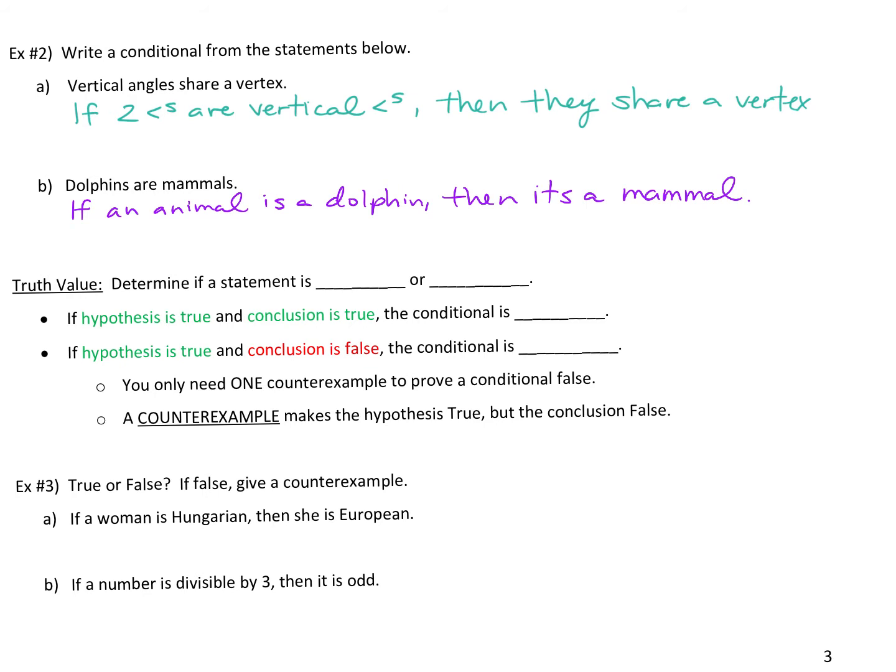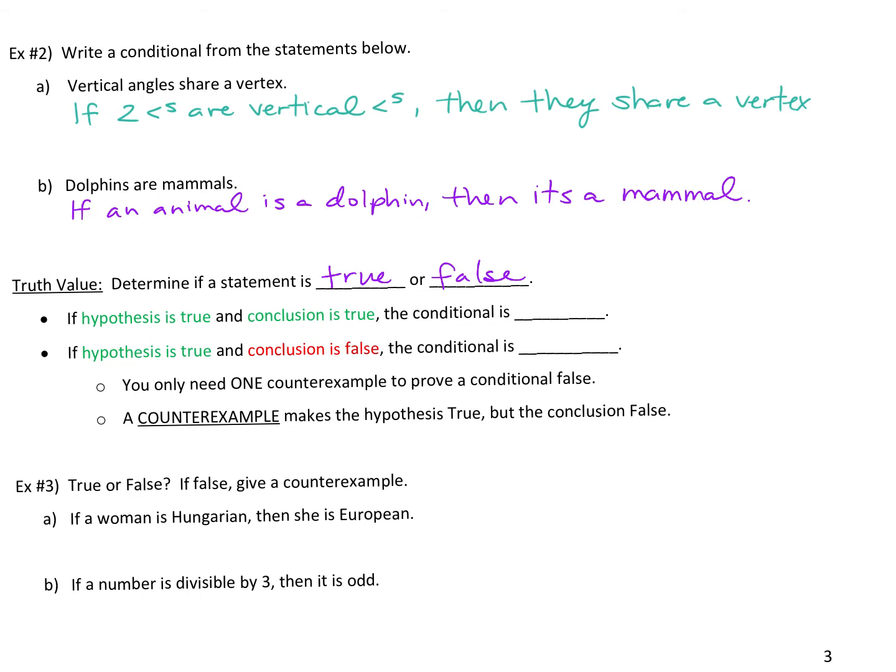Okay, so which is why I'm trying to show you that all of these things have a truth value. Basically, all of these statements are either true or false, right? They have a truth value. That's what I'm saying when I say truth value. What's their truth value? Is it true or is it false? So determine if it is true or false when they ask you to find the truth value, okay?